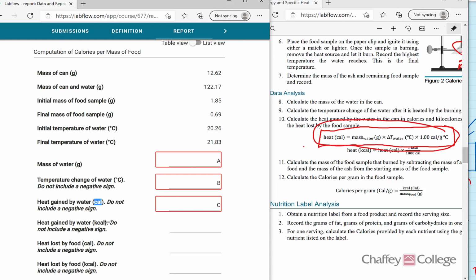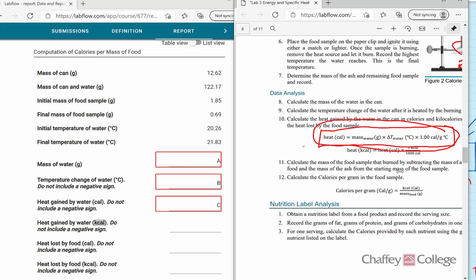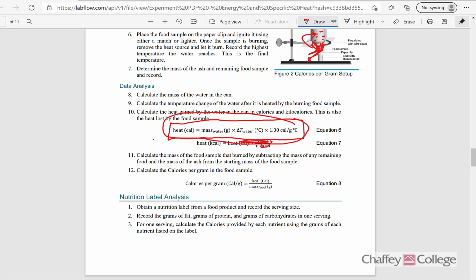Next is heat gained by water in kilocalories. Kilo is 1000. In order to calculate kilocalories, this is the formula.